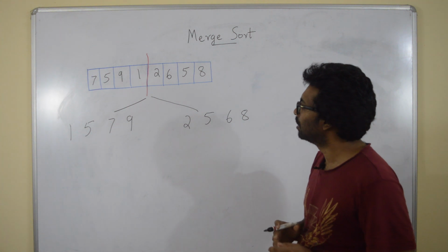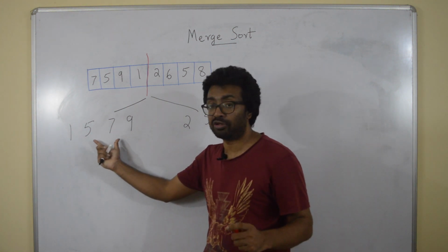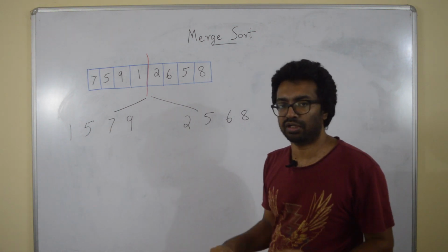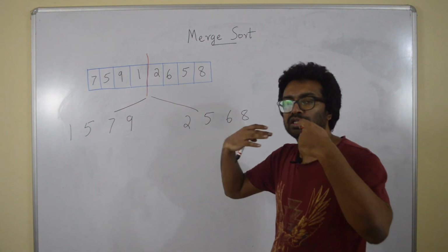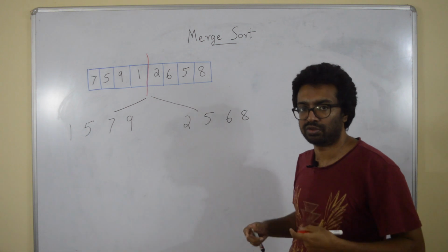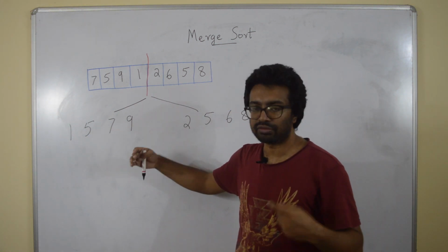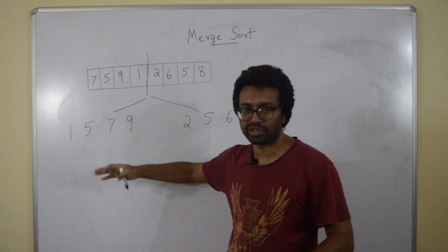Obviously, I'm not explaining how this was sorted, because I want to first tell you how the merging function is going to happen, and then we will take another example where we go through it in more detail.